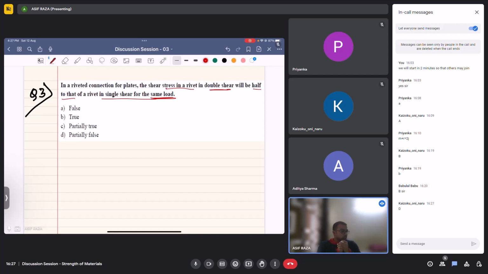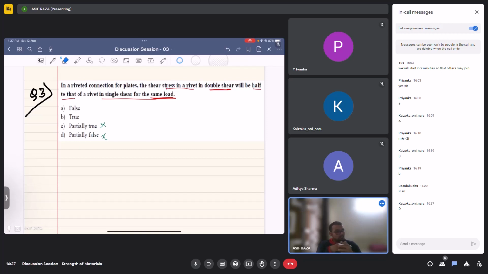Okay, Shiva is saying partially false. I would say the other options don't make sense. If I say partially true, the other thing would be partially false as well, so either C, D both or none of them, right?